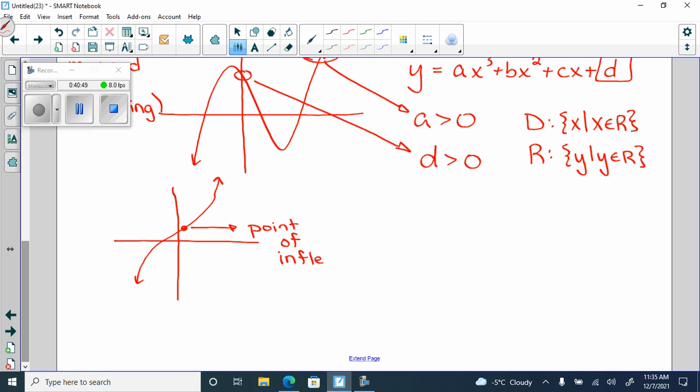Is that a max or a min? No, so how many turning points does this one have? 0 turning points. Does it affect my domain and range though? No, it's still x element of R, y element of R. Now, how many x-intercepts can a cubic have minimally? 1.